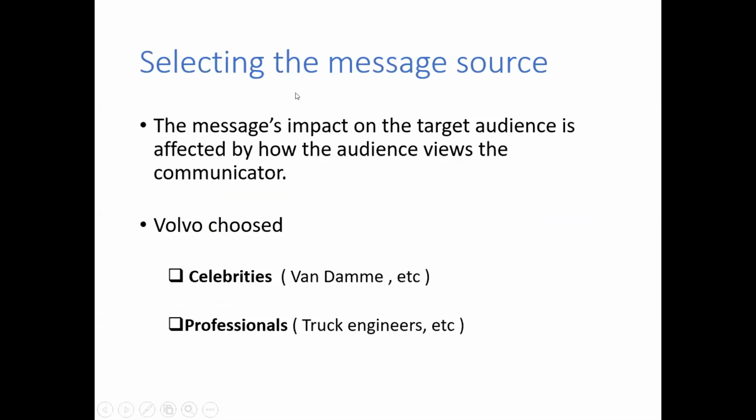In selecting the message source, the message impact on the target audience is affected by how the audience views the communicator, so the communicator must be an influential person. Volvo chose celebrities and professionals. For celebrity, Van Damme and other actors, and for professionals, Volvo chose truck engineers.